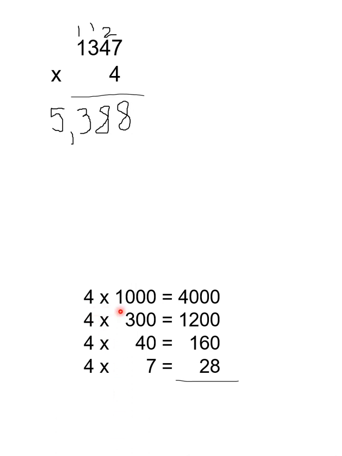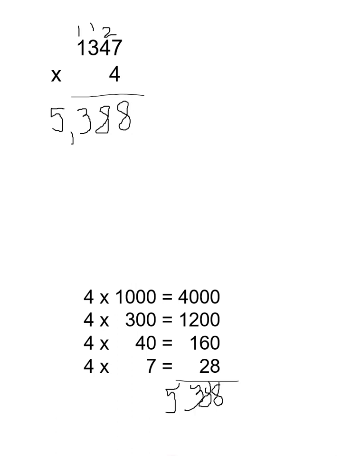Now, let's look at it using partial product. 4 times 1,000 is 4,000. 4 times 300 is 1,200. 4 times 40 is 160. 4 times 7 is 28. Now let's add it up. We have an 8. 0, 0, 0, 8. 6 and 2 is 8. 2 plus 1 is 3. 4 plus 1 is 5.